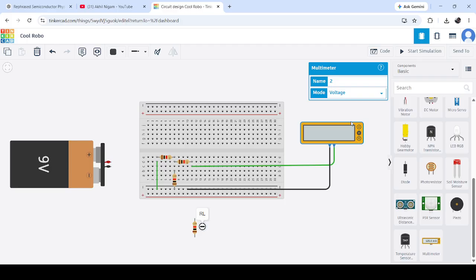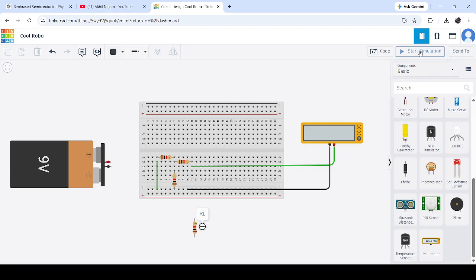In this operation we are measuring resistance. After selecting resistance, we start the simulation. On starting the simulation it gives the value of Thevenin's resistance RTH as 1.5 kilo ohm. After noting down this value, 1.5 kilo ohm is the RTH.